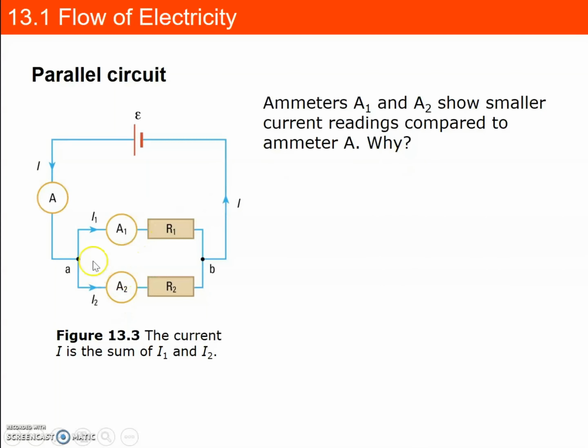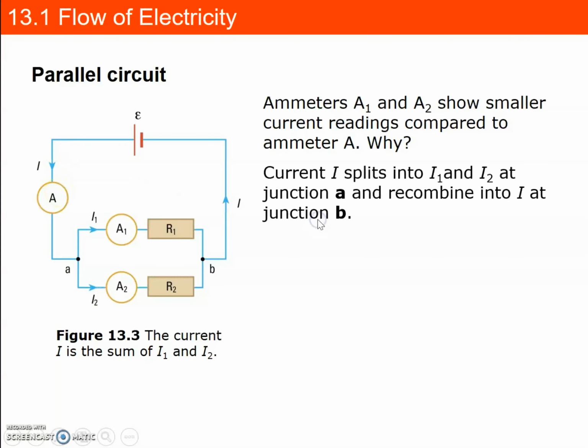A1 and A2 are measuring currents I1 and I2, which are smaller compared to the current I measured by ammeter A. The current I actually splits into two currents, I1 and I2, at junction A. And when these two currents pass through the two resistors R1 and R2, they recombine back at junction B into the overall current I again.